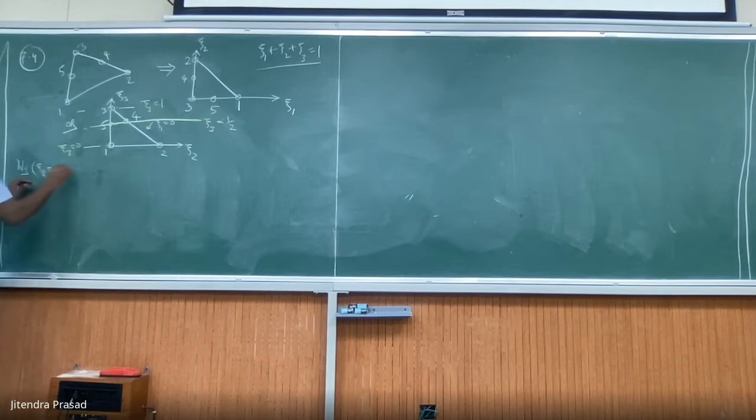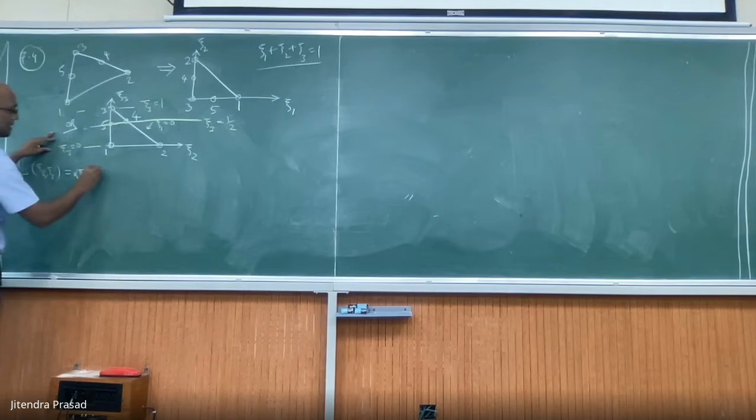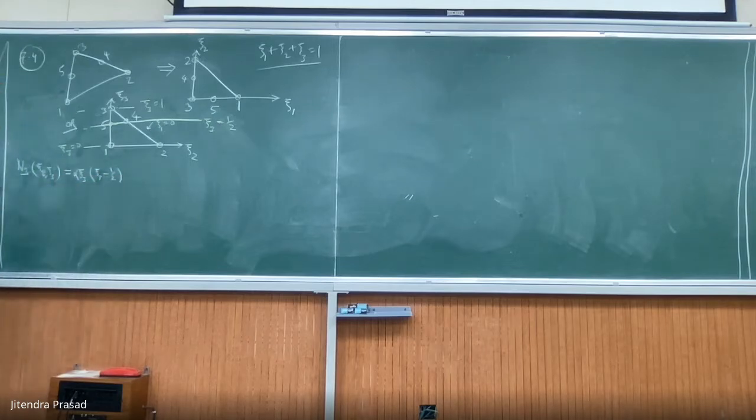Basically, it's a tabular system, but we write N3 equal to alpha times xi3 times xi3 minus half, right? And we know that when xi3 is equal to 1, with xi2 equal to 0, N3 is equal to alpha times 1 times half, which is equal to 1.